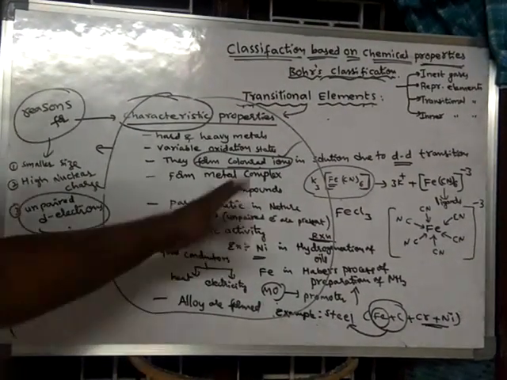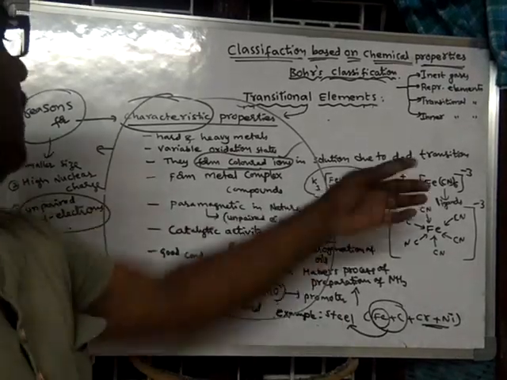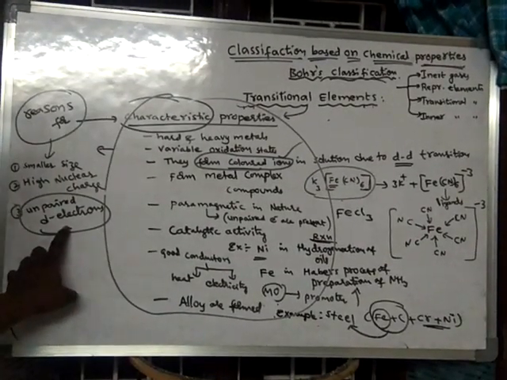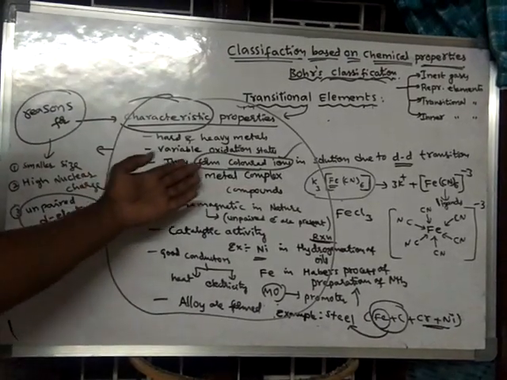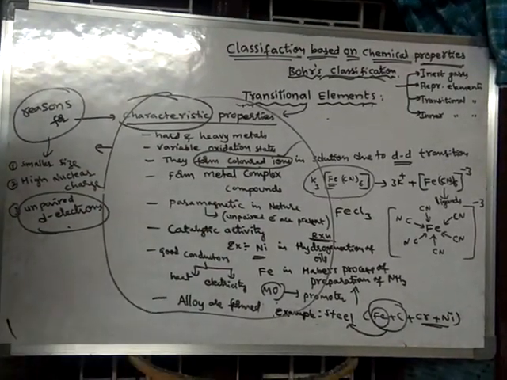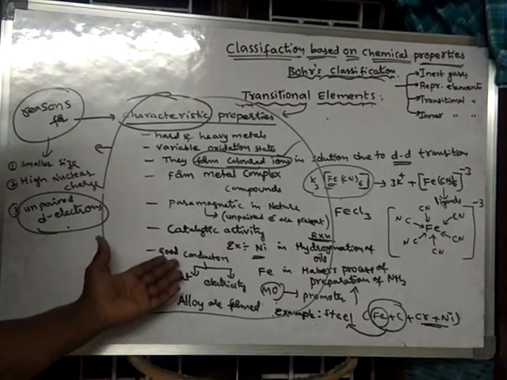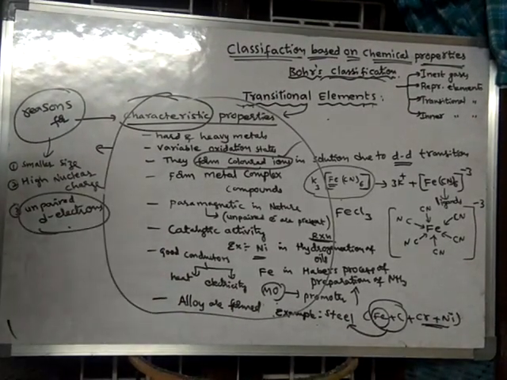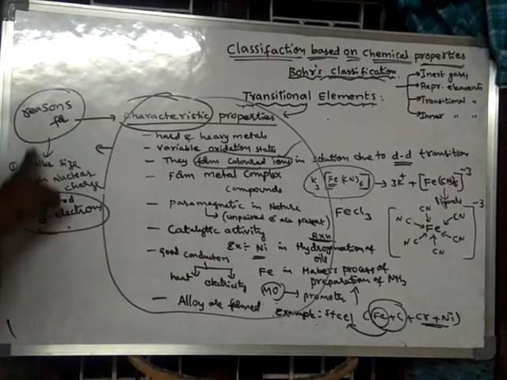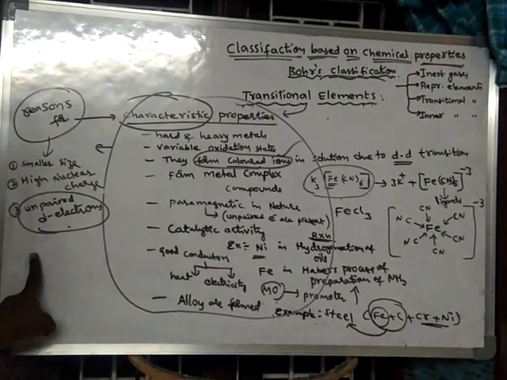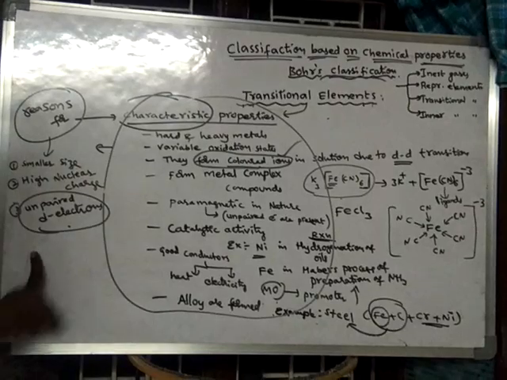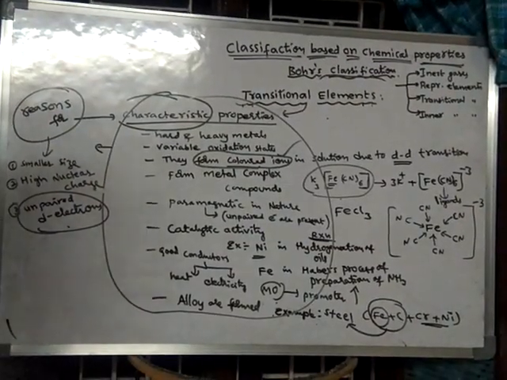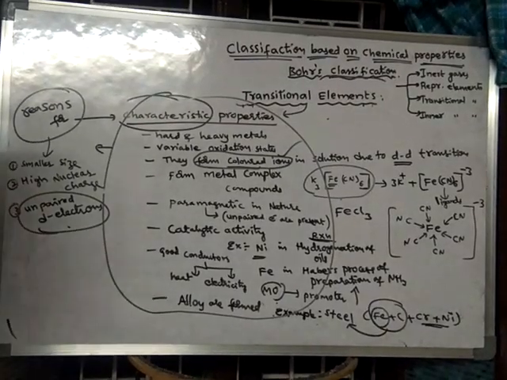If there are no unpaired electrons, they cannot undergo d-d transitions. So unpaired d electrons are the reason for colored ion formation, paramagnetic nature, good conductor nature, and so many other things. These are the special properties which bring the characteristic properties to these transition elements.